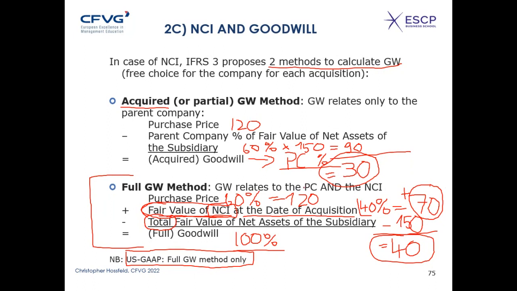The only transaction is the 60% here. That's a transaction. So the 120 is a rather objective value. The 70 is very subjective. And that means obviously by manipulating the way I calculate the fair value of NCI, having a higher value or lower value, at the same time I manipulate the amount of goodwill. Whereas here there is less manipulation. So that is the main criticism.